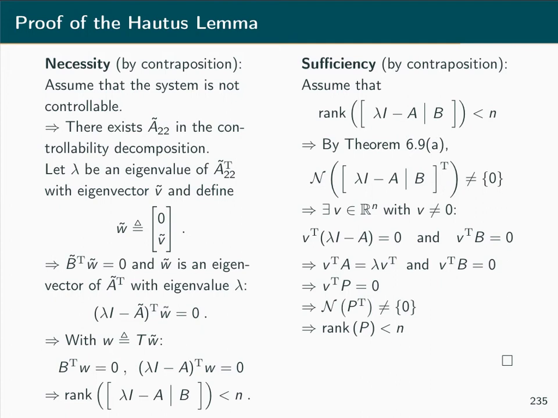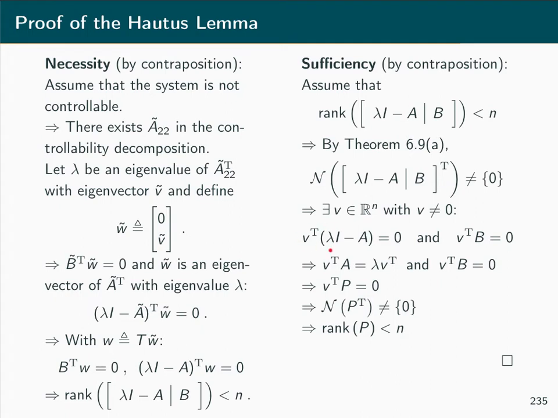For the sufficiency part, assume that the rank of this matrix is less than n. Therefore, by theorem 6.9a, the null space of the transpose of this matrix cannot be trivial, meaning that there exists a non-zero vector v in R^n such that v transpose times lambda I minus A is equal to 0 and v transpose times B is equal to 0.